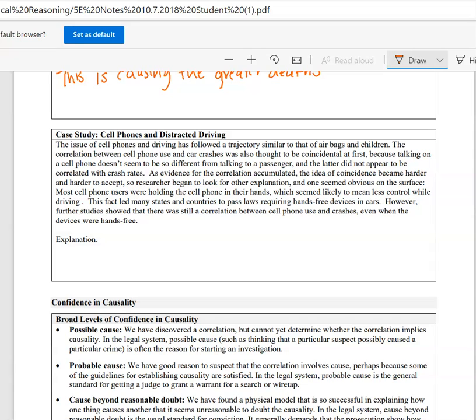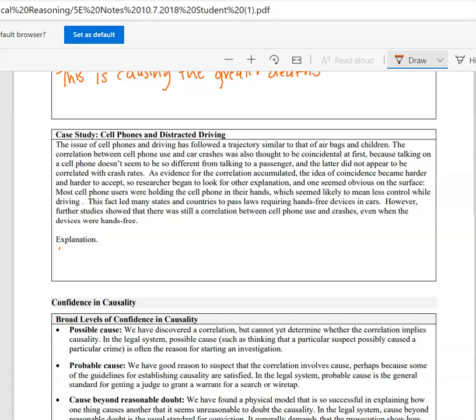So they offered a potential explanation for why talking on a cell phone might have different effects than talking to a passenger. When they went back, the brain study confirms the fact that this stimulates something else in your brain, even if it's a hands-free device.